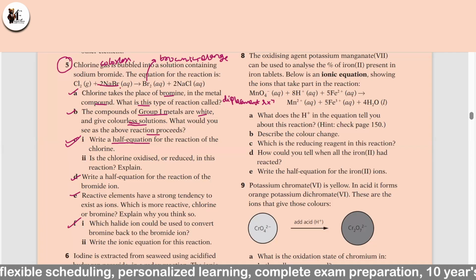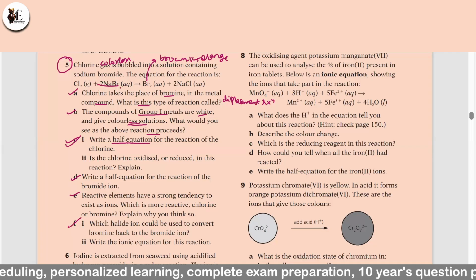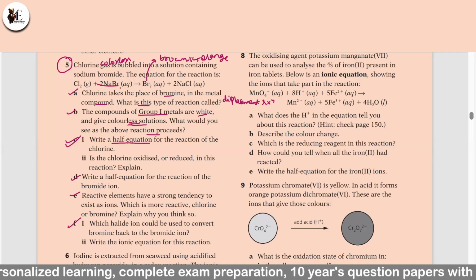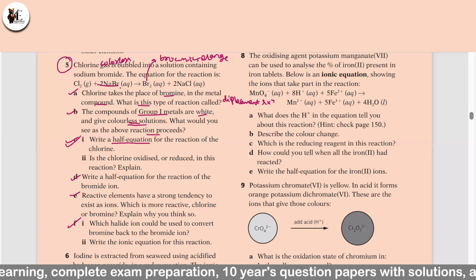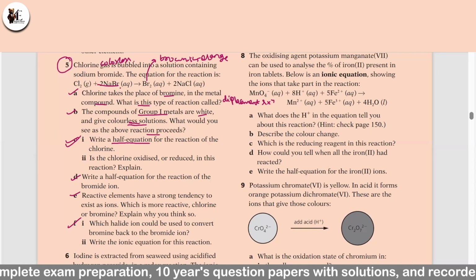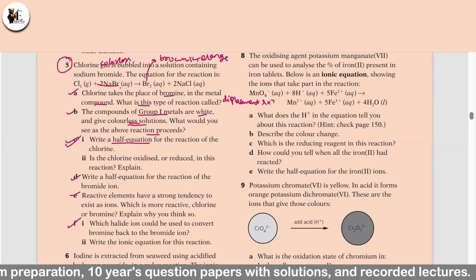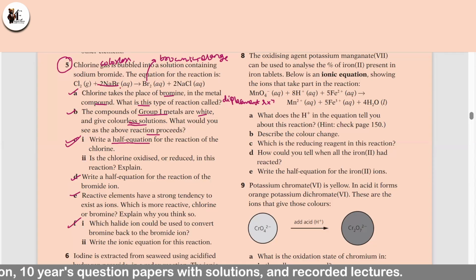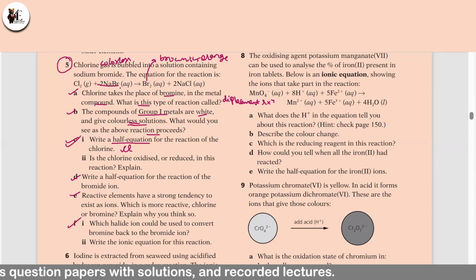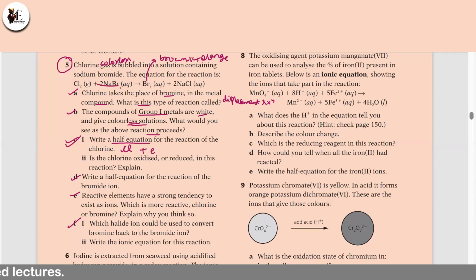In a half equation, you generally don't involve the spectator ions. So tell me only the chlorine part. Cl aqueous plus e minus to form Cl.